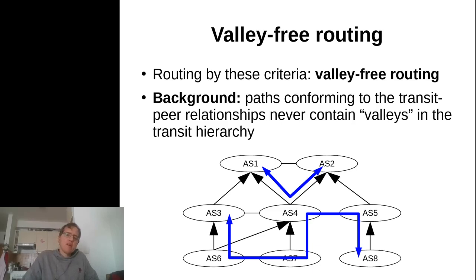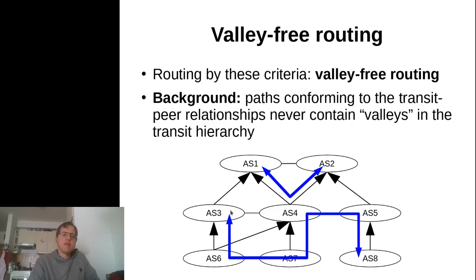In fact, if we visualize the AS level architecture of the internet using the transit hierarchy that we described at the end of the previous lecture, and draw the individual paths within it, we see that forbidden paths always have these small valleys in them.